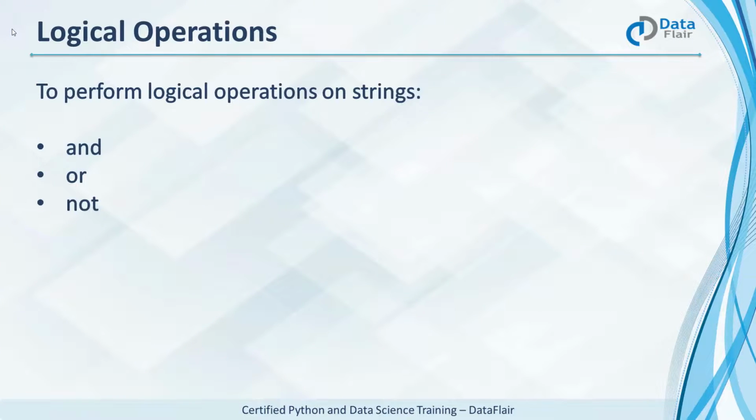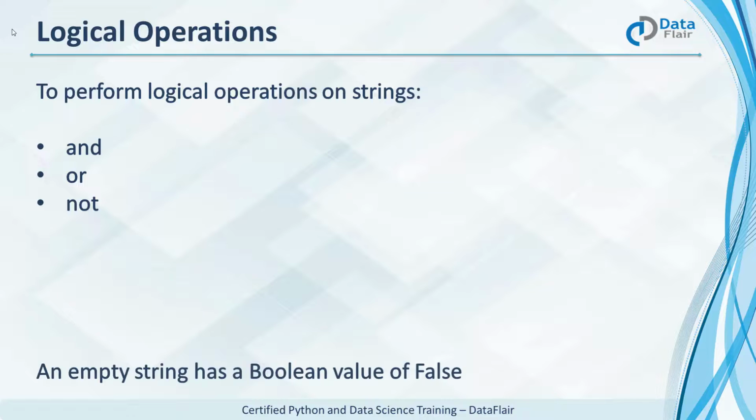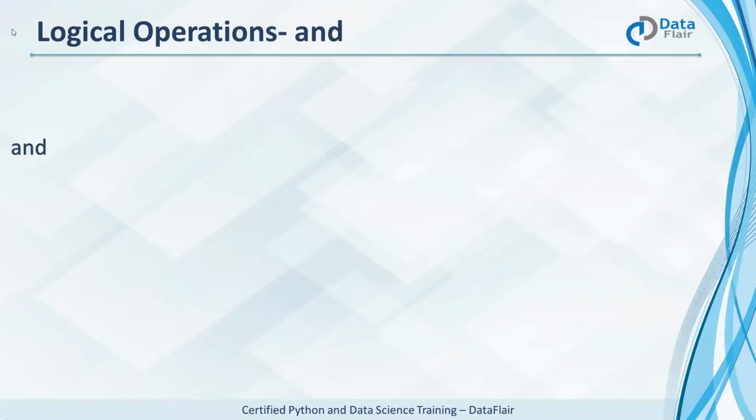We can also perform logical operations like and, or, and not. These are based on the fact that empty strings have a Boolean value of false. Let's talk about short circuiting. If the first value is true, it returns the second value, but if the first value is false, it returns that without checking the second value.